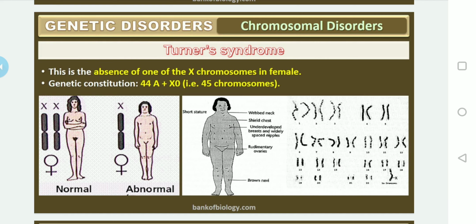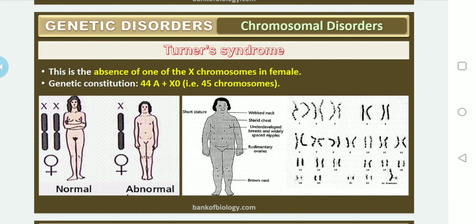Hence it is also called monosomy, that means the condition 2n minus 1. The chromosomal complement of such an individual is 44 autosomes plus XO. So they are actually females, but in the allosomes one X is missing. Henceforth such individuals are sterile females.